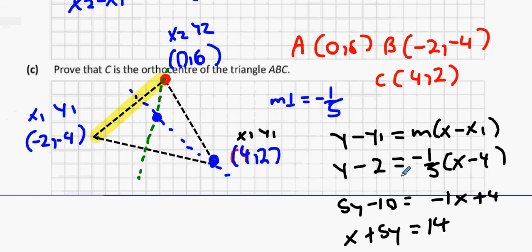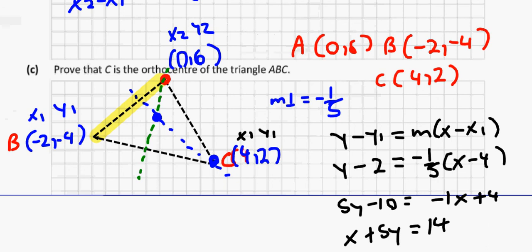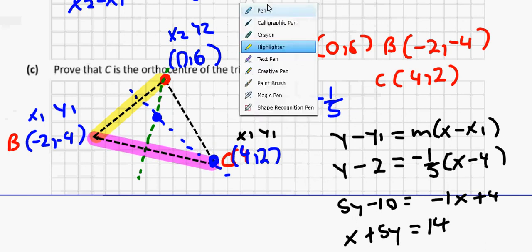Alright, we're going to repeat this procedure using BC. This is B, this is C. BC is the purple line. Everybody happy that BC is the purple line? Would somebody give me the slope of BC?